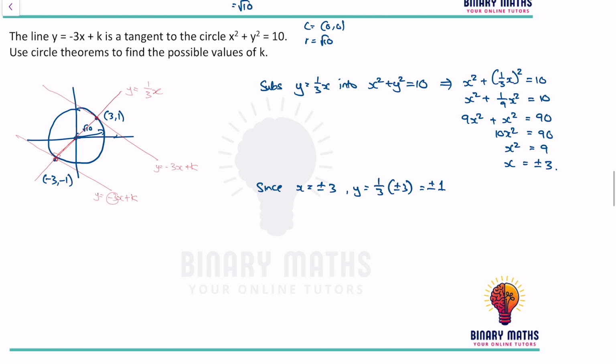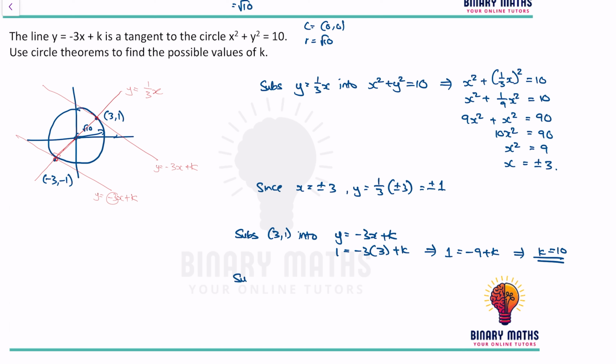So if I substitute the point (3, 1) into y = -3x + k, then I get 1 = -3 × 3 + k, which implies 1 = -9 + k, which implies k = 10. That's one solution for k.